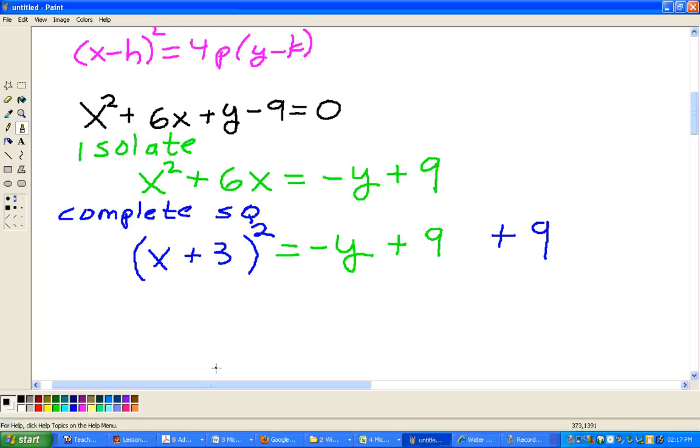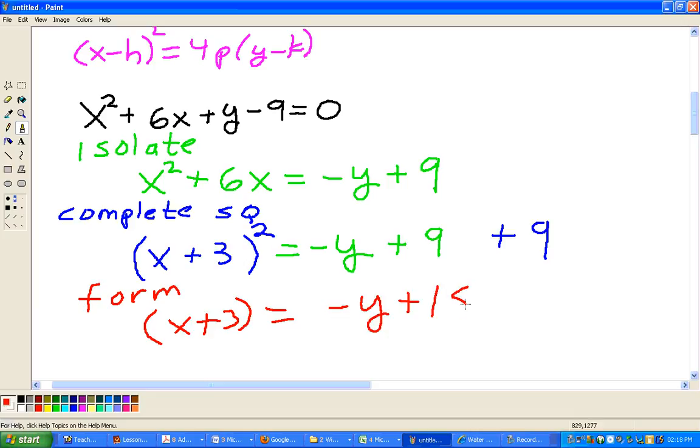So at this point, we now need to try and make it fit the form. So we can get the x plus 3, no problem there. We get minus y and 18, no problem there. Would you notice in the equation, there is not a negative in front of the letter?